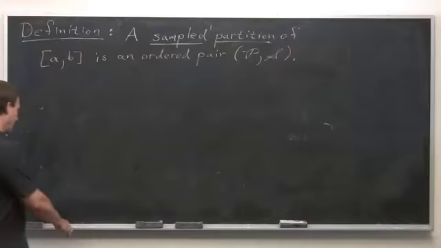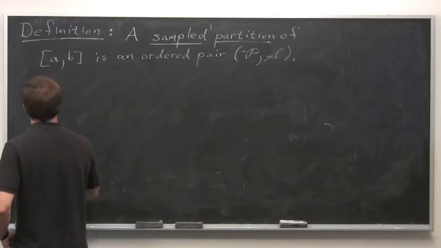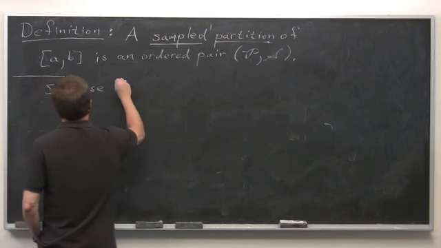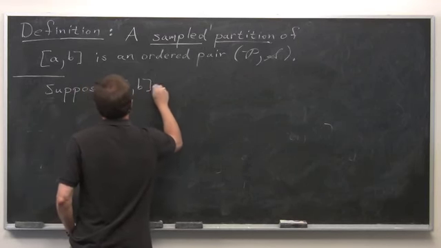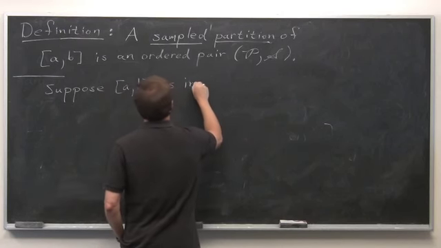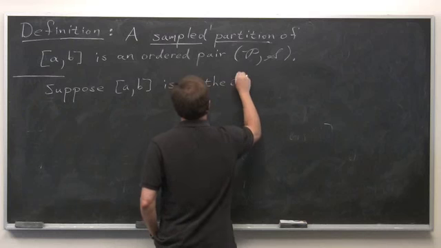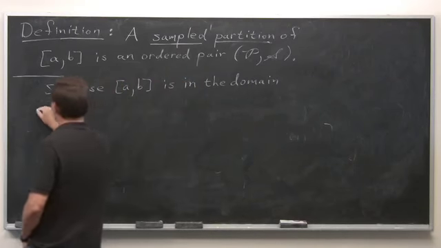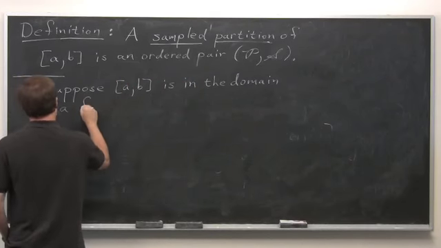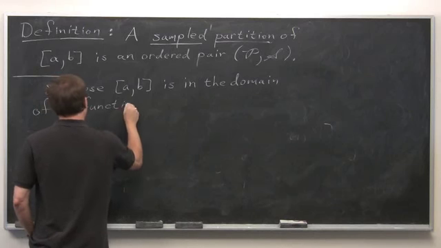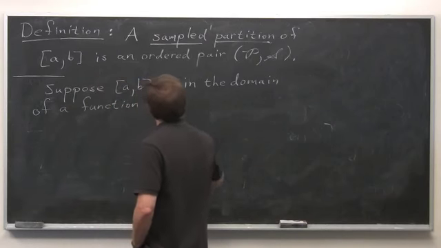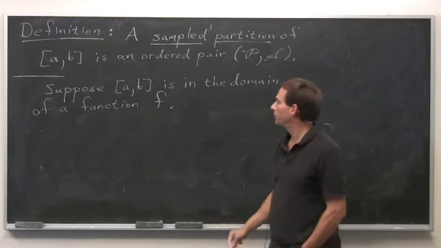We need to give a name to that, and the notation is not so nice, but suppose [a, b] is contained in the domain of a function f, and that we've got a sampled partition.